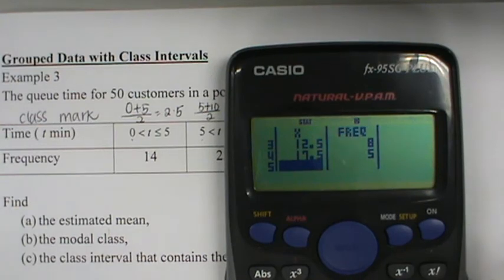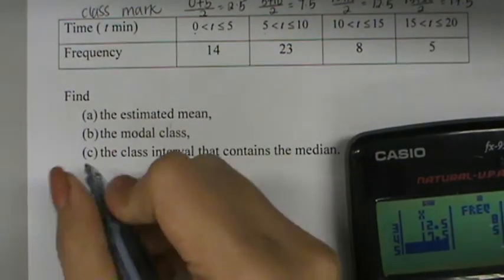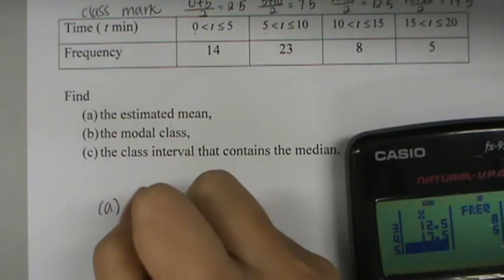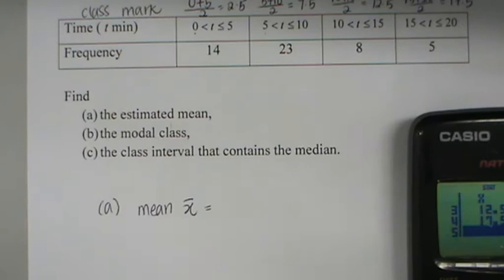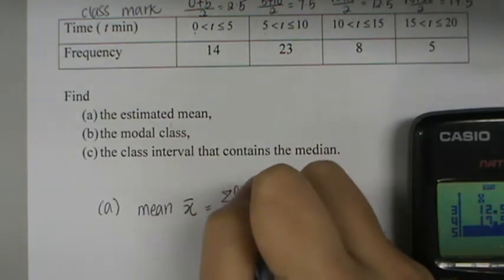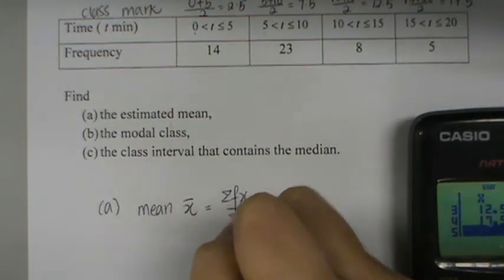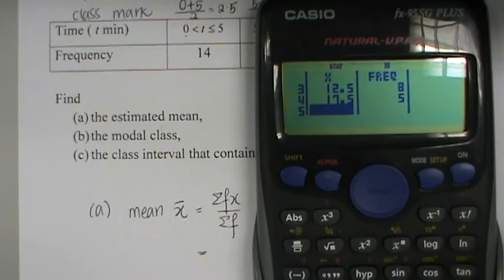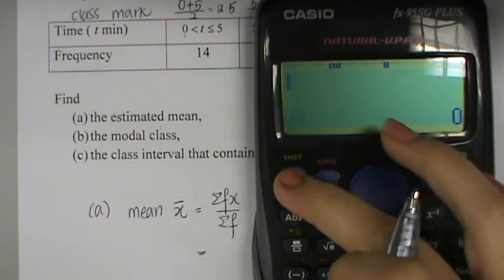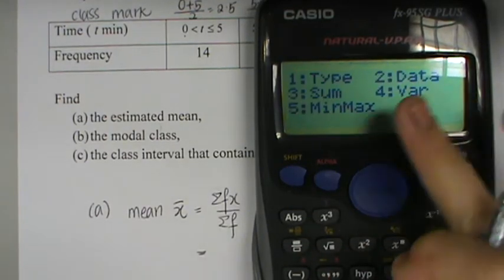Before we do anything, let us write down the mean. X bar equals summation fx over summation f. So in order to have this, we will now clear our screen, press Shift 1, and this will appear.